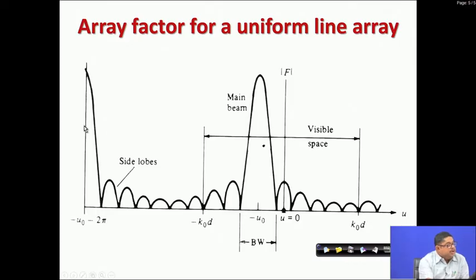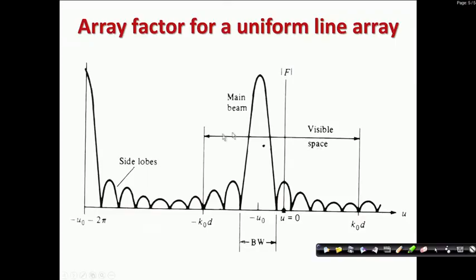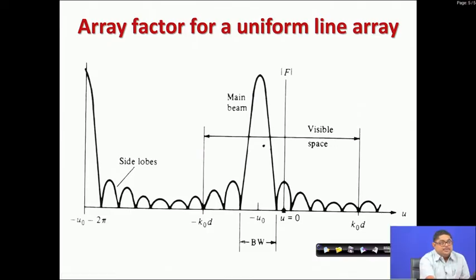If by some array design this can be changed and come into this space, then there will be more than one main beam in the visible space. That time this is called a grating lobe. If more than one main lobe comes into the visible space, they are called grating lobes.